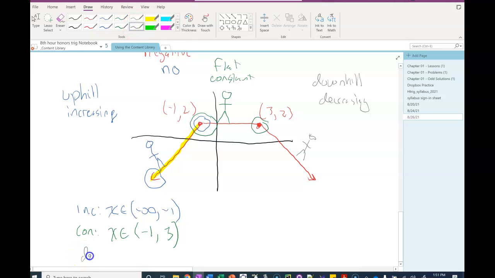And then lastly, our decreasing section starts here at 3, 2, but all I care about is its x-coordinate, and ends with the arrow to the right. The arrow to the right is positive infinity. And again, if you struggle with the arrows, you can think of this one as pointing left and down.